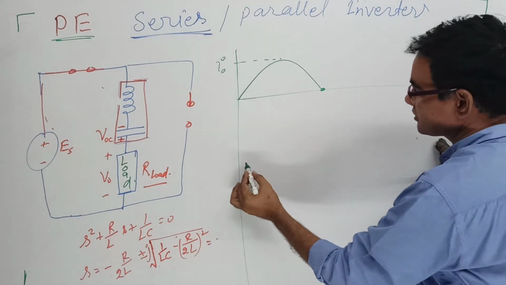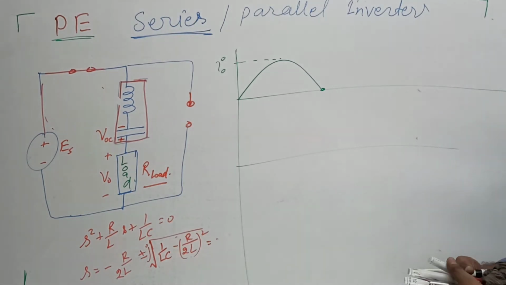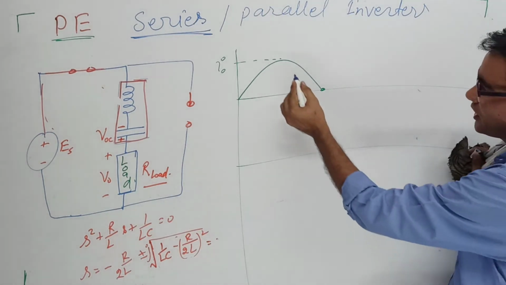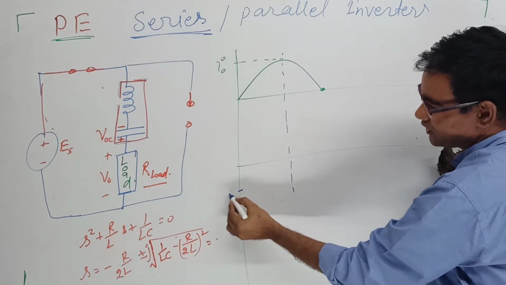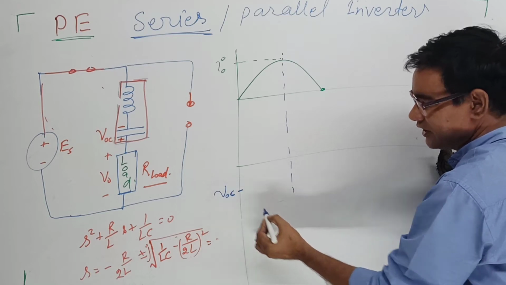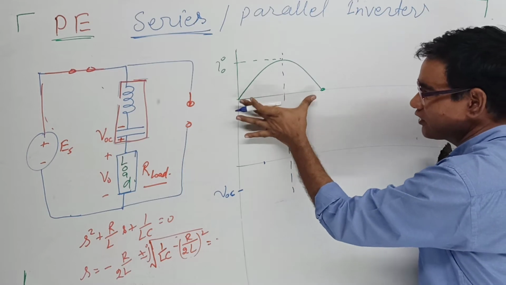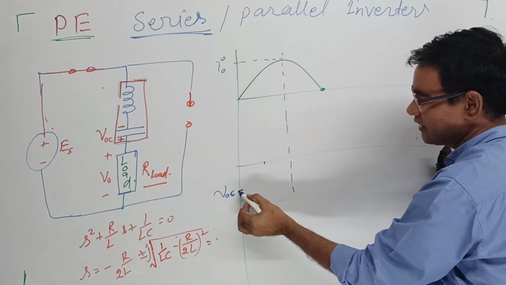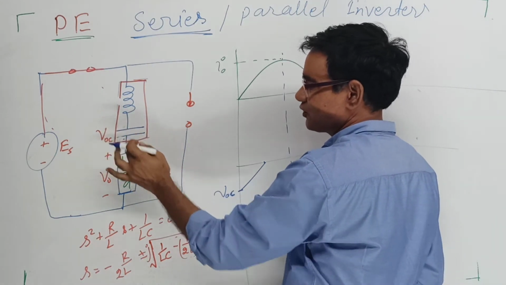So what is the capacitor's voltage? Initially it was minus VOC, the initial voltage. In half of the whole duration, this becomes 0. This capacitor voltage becomes 0.